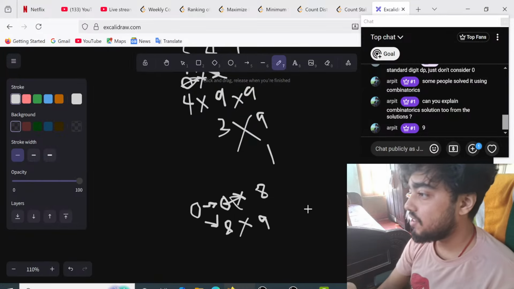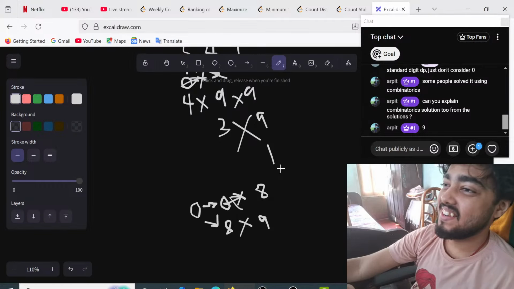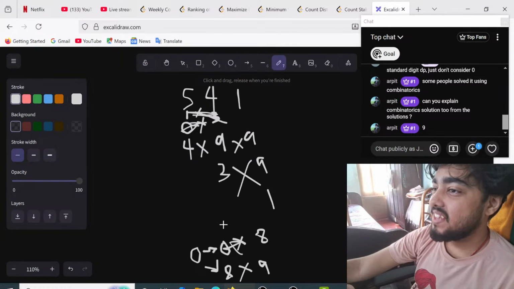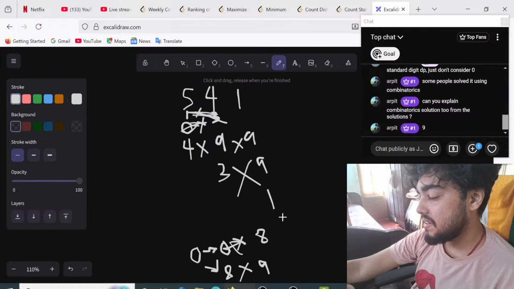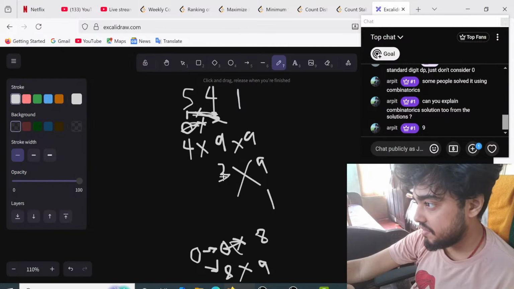We are still getting 432 only, not 442. Okay, not an issue. This is also tied. This is also tied. This is 1. 541. 42.